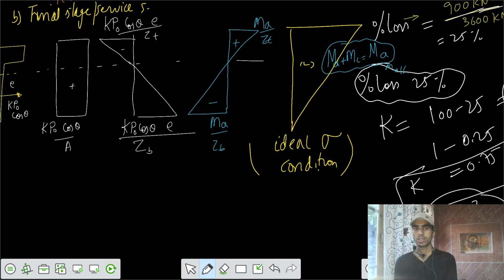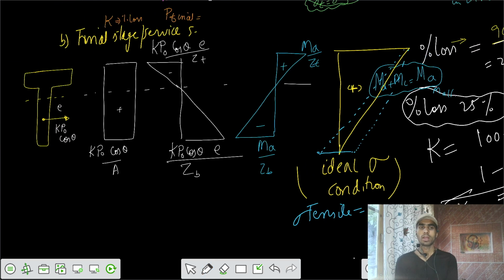There might be a little deviation also. If I want to allow a little bit of tensile stress, this is our condition for that, and if I want a little bit of compression also, so these are three possibilities. But our ideal stress condition is that tensile stress is equal to zero. So that's the second stage.